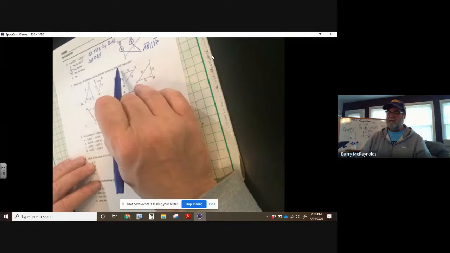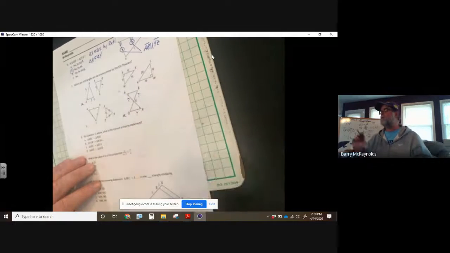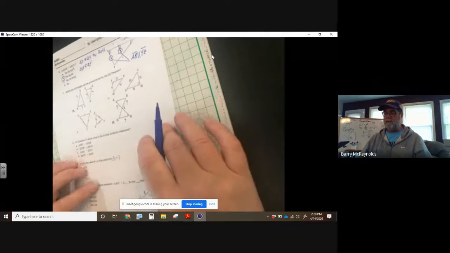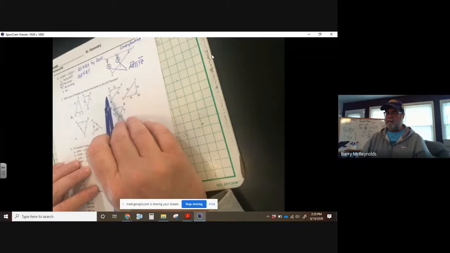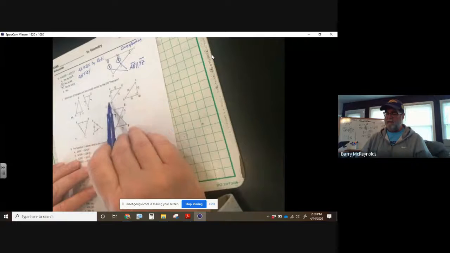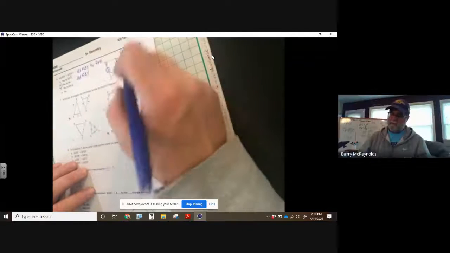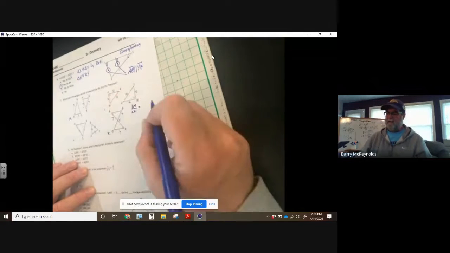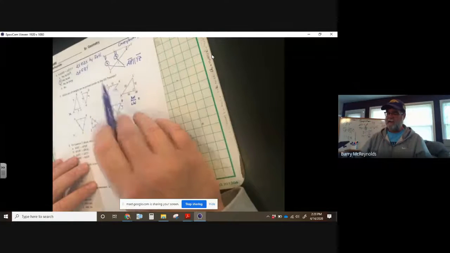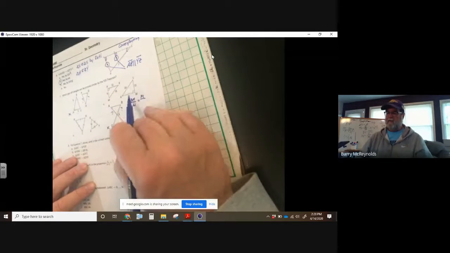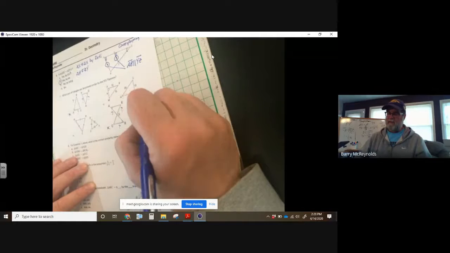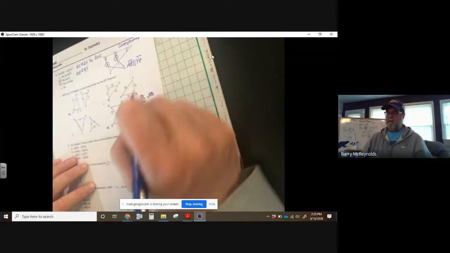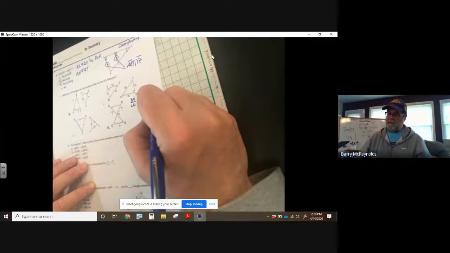And so to use the side-side-side theorem, what I'm looking for is the ratio of the three pairs of sides to be equal to each other. In other words, the ratio of the short side, which in this triangle is PN, over the short side here, LW, has to be equal to the ratio of the middle side, PX, over the middle side here, AW, and that has to be equal to the ratio of the long side, XM, over the long side here, AL.